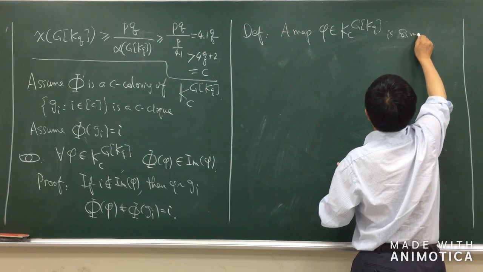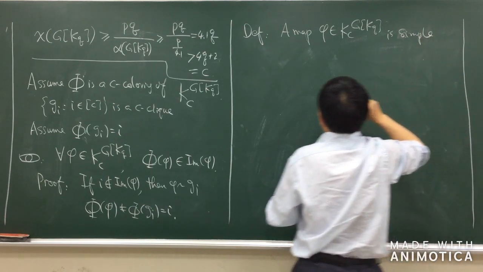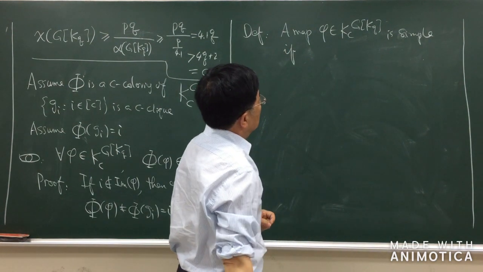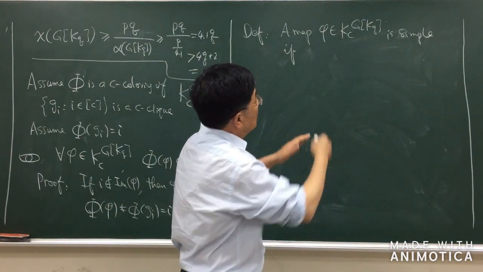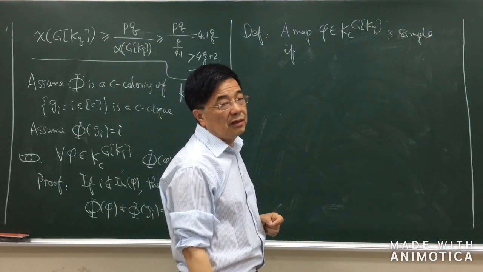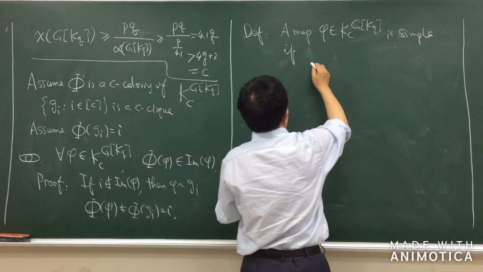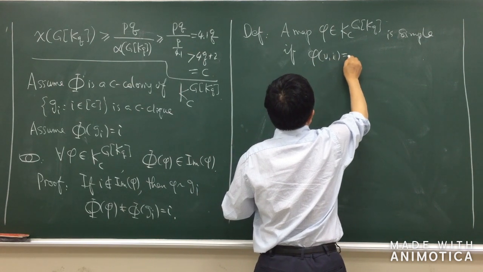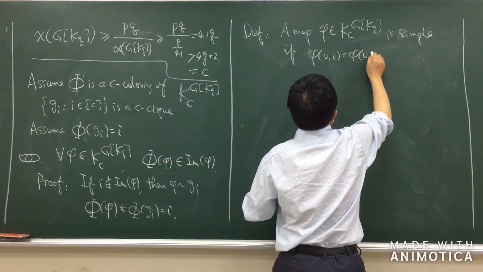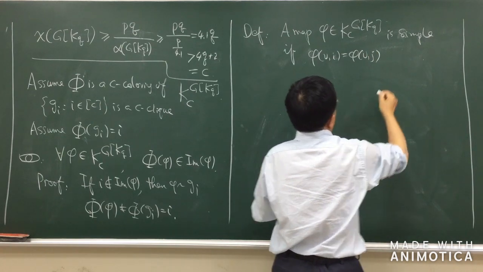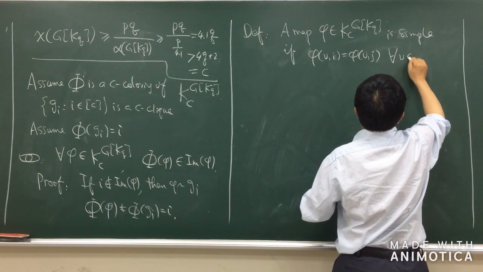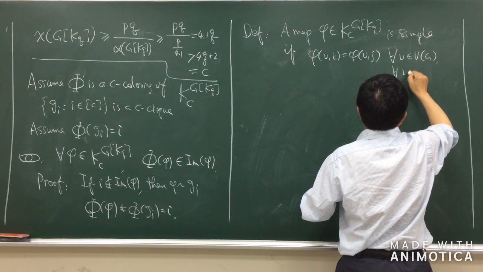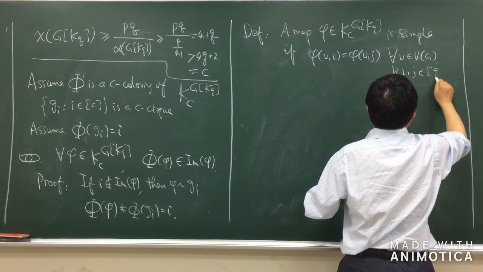I call it simple if they assign to all the copies of K_Q the same color. This is, phi(v, i) equals phi(v, j) for every v in G and for every i, j in Q.